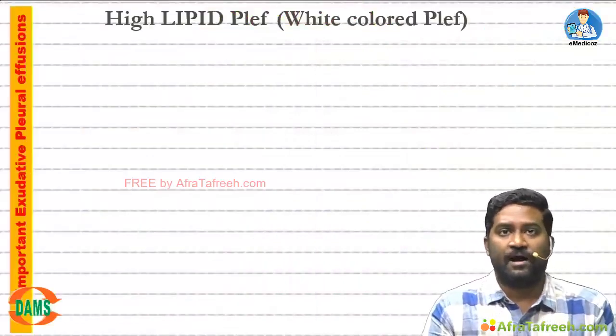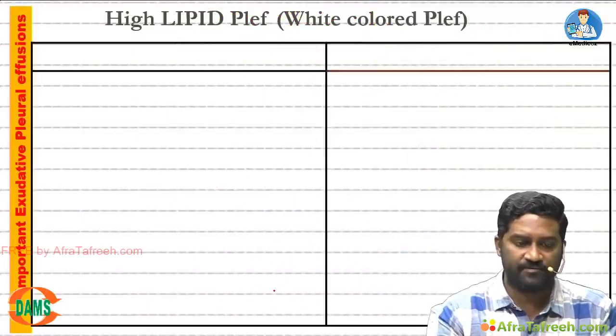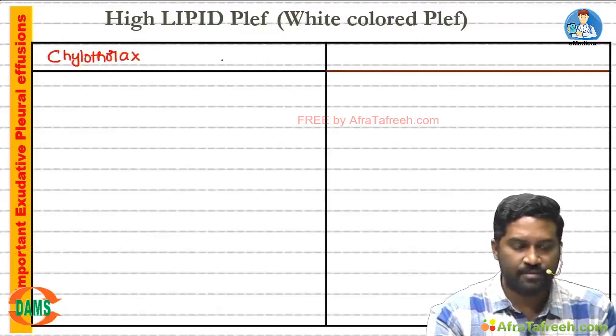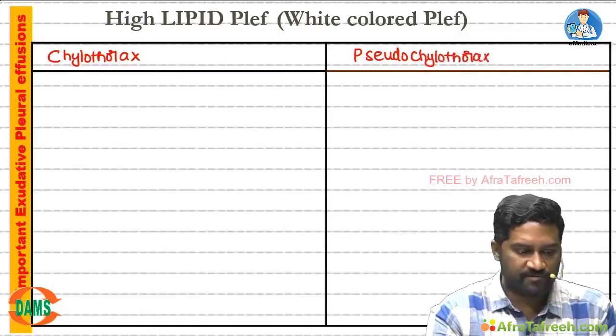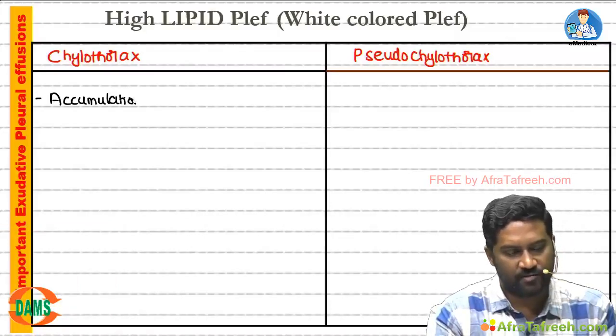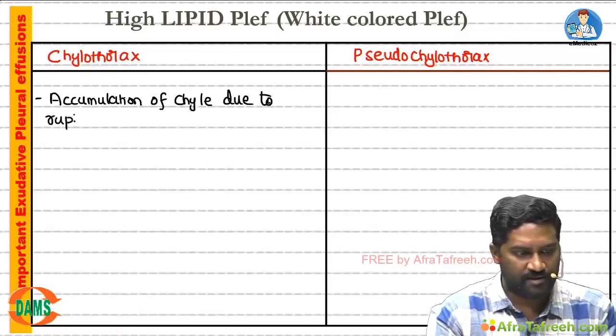Now let us see other important exudative pleural effusions. We have high lipid pleural effusion, white colored pleural effusion. Two types. One is chylothorax and the other is pseudochylothorax. Chylothorax is accumulation of chyle due to rupture of the thoracic duct.